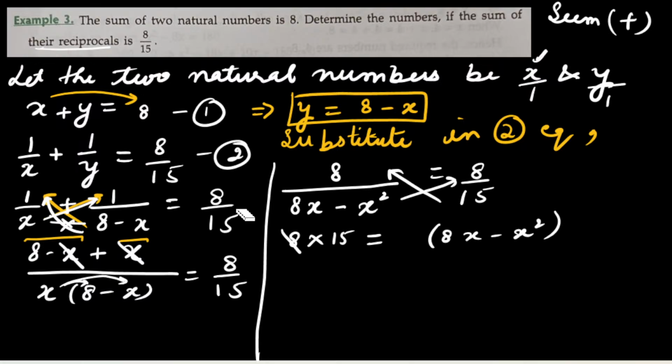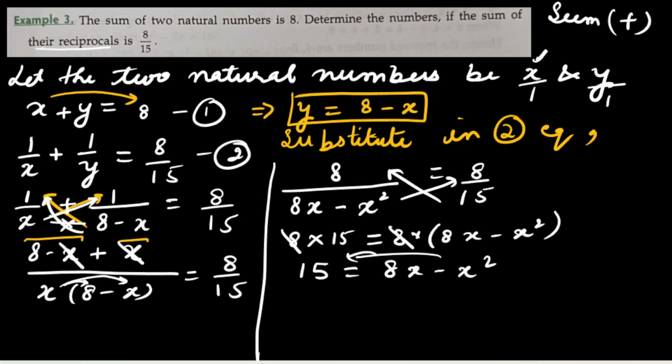So instead of shifting it, directly you can cancel. But the sign should be the same and the same mathematical operation. Both are getting multiplied and both are positive. So I cancel. Now what I am left with, 15 is equals to 8x minus x square.